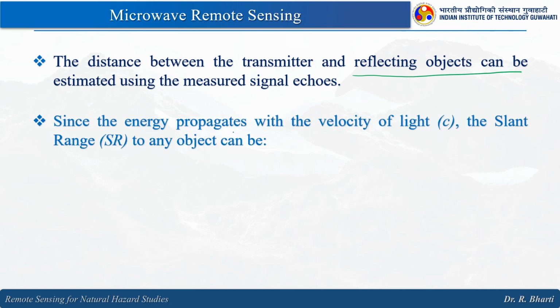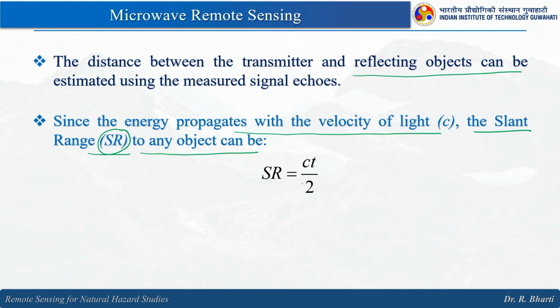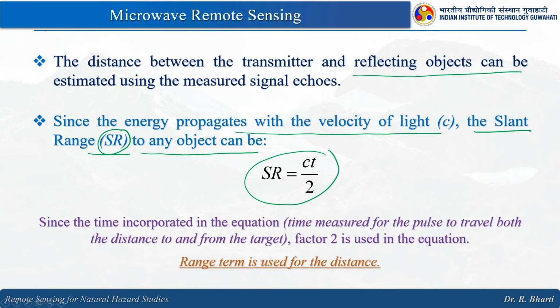Since the energy propagates with the velocity of light, the slant range, SR, to any object can be calculated using this formula: SR = CT/2, where C is the speed of light and T is the time. It is divided by 2 because the pulse travels both the distance to and from the target.